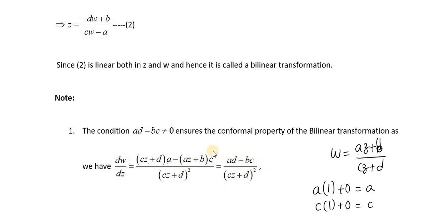Observe this fraction. Whenever AD - BC ≠ 0, then that fraction is not equal to 0. But this fraction equals dW/dz, that's why dW/dz is also not equal to 0. Whenever dW/dz is not equal to 0, then we can say that the bilinear transformation is conformal.